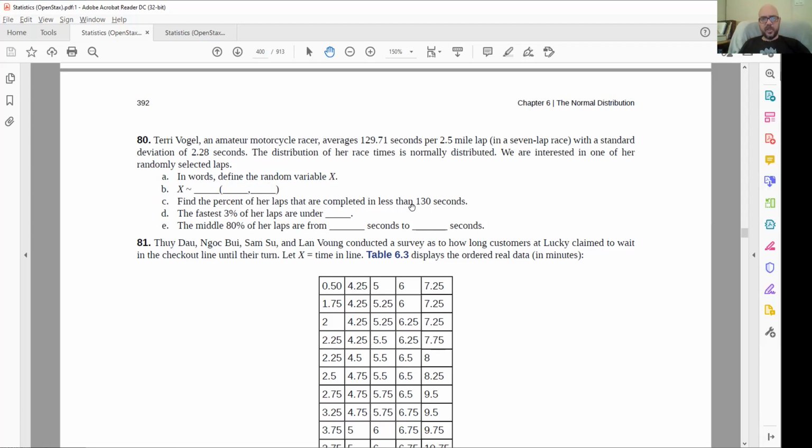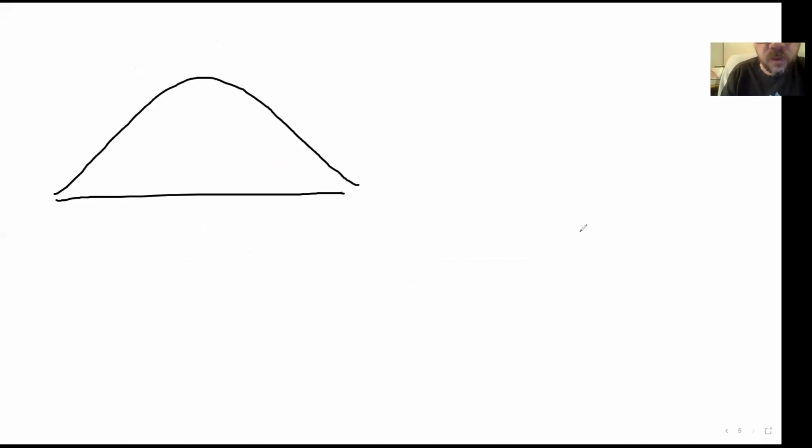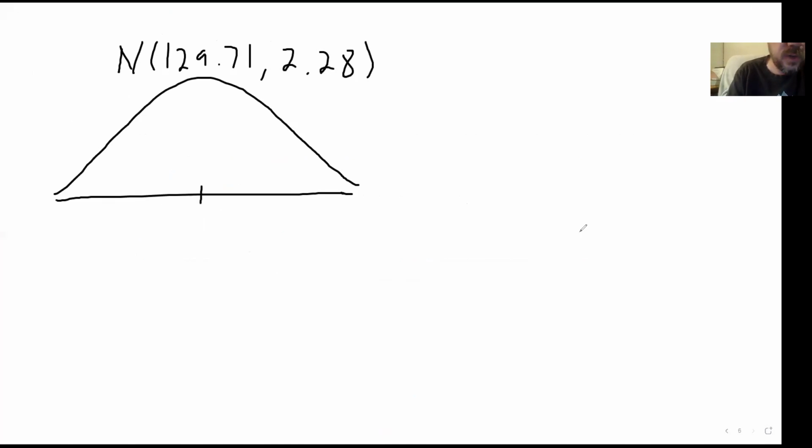Percent of her laps that are completed in less than 130 seconds. So let's go draw a graph. So we have N(129.71, 2.28).